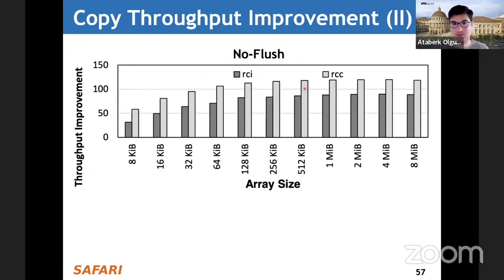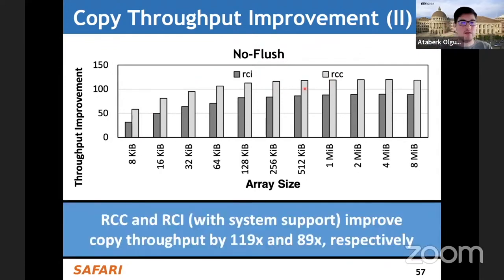The X and Y axes are the same. The takeaway is that copy and initialization operations, even with system support, improve throughput drastically by 119x for copy operations and 89x for initialization operations.